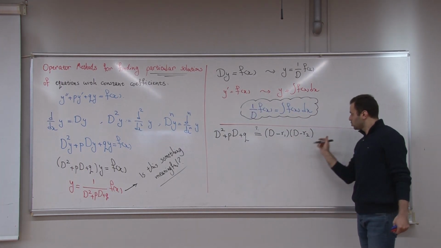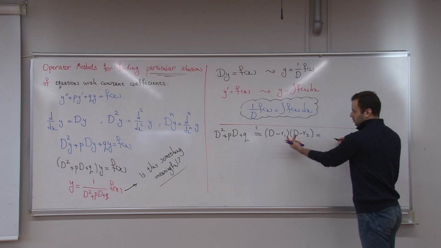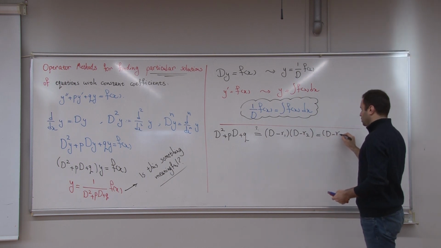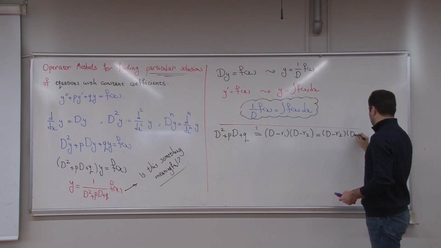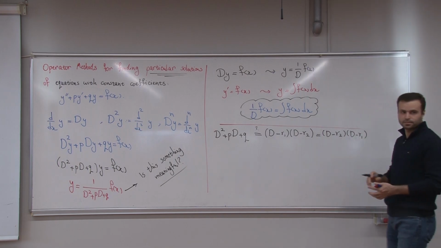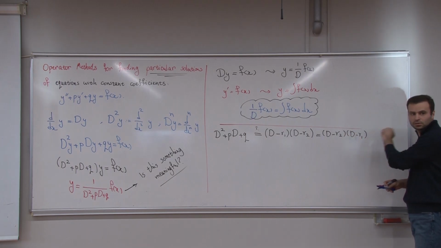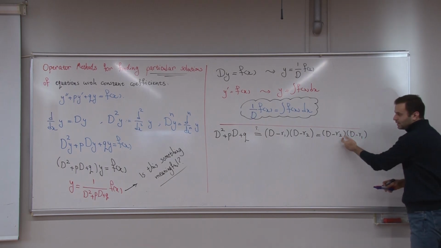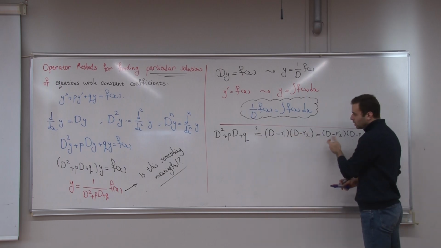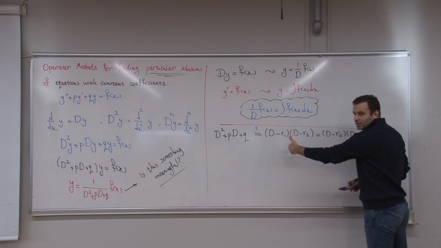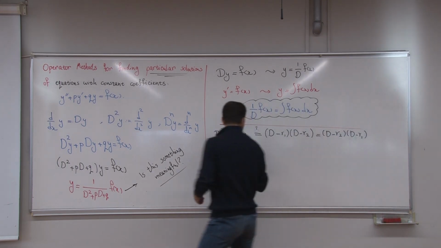And if this is true, do they really commute, D minus r1 and D minus r2? Can I have this commutative property? Because if they can commute with each other, I can expand these and write it as what?